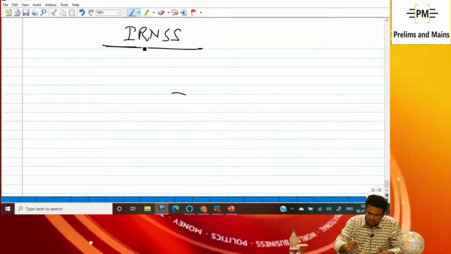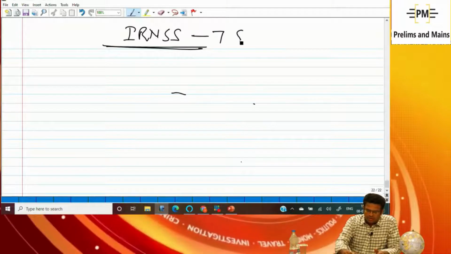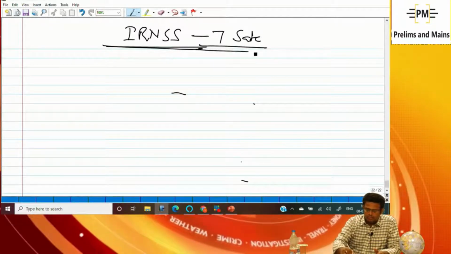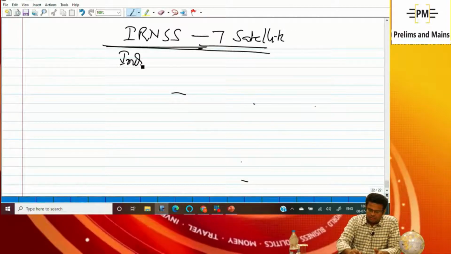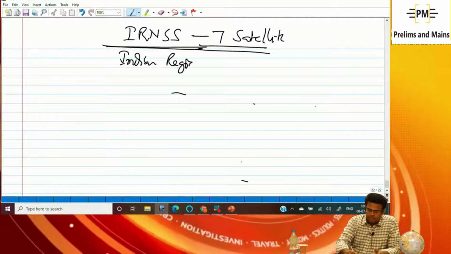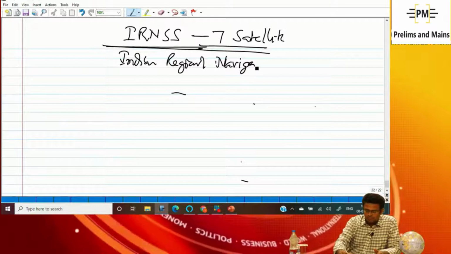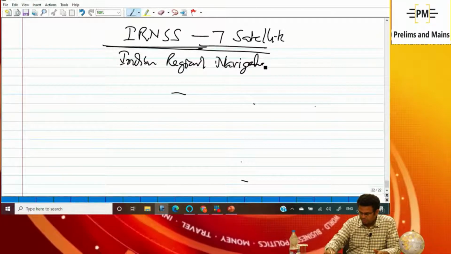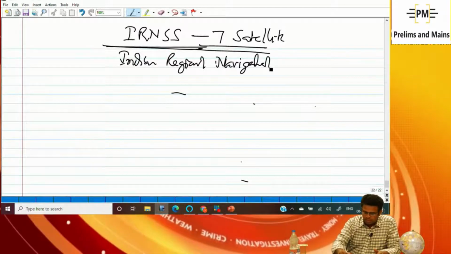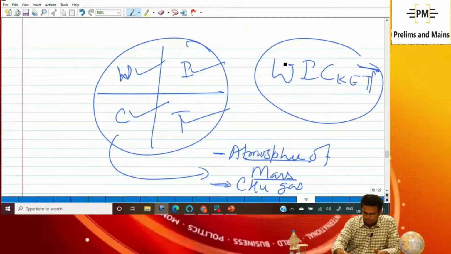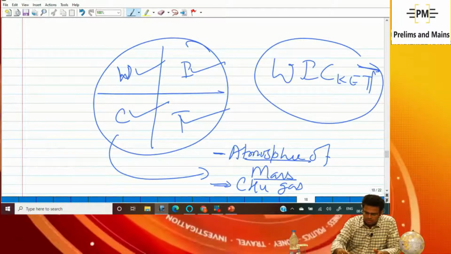IRNSS, and there are, I said, 7 satellites, and you can say Indian Regional Navigation Satellite System. Indian Regional Navigation Satellite System.